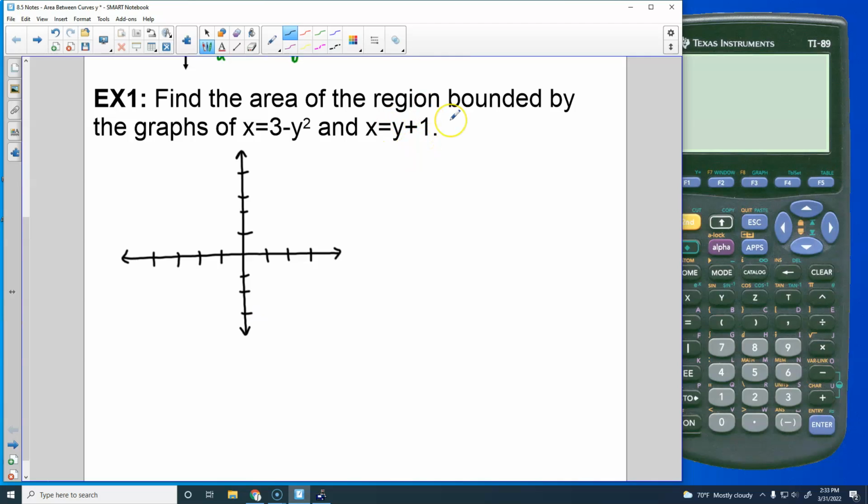One thing you can do for these is to graph them. You could just solve this for y. This one's really easy to solve for y: y equals x minus 1. I'm going to use blue for this one. I know you don't have blue.